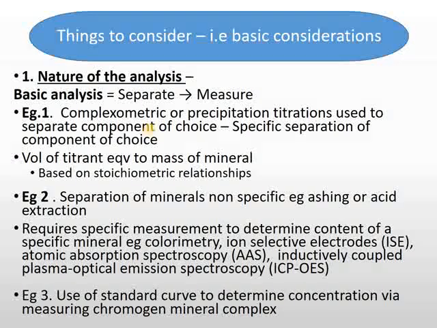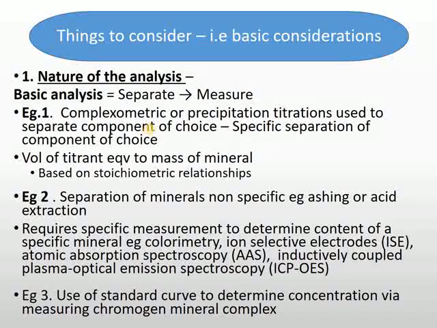Okay, so besides precipitating the analyte out, number two, what you can do is separate it, because precipitation is also separation of the analyte, but it's still within the system, it's just precipitated to the bottom.